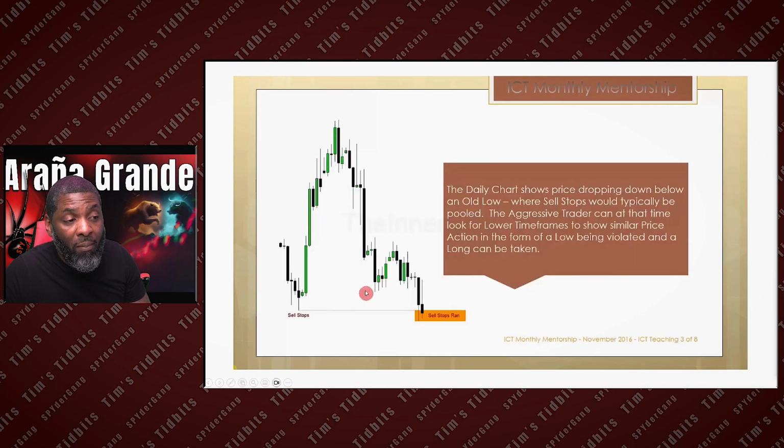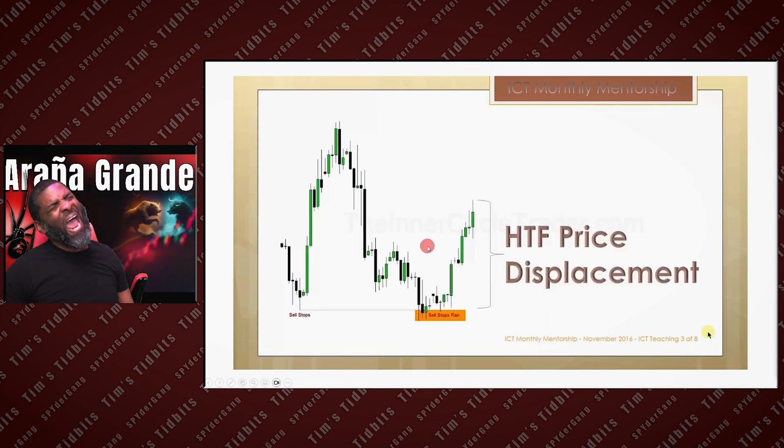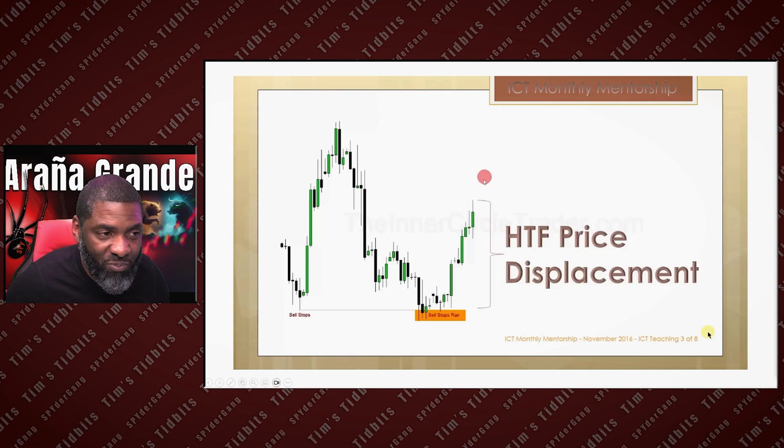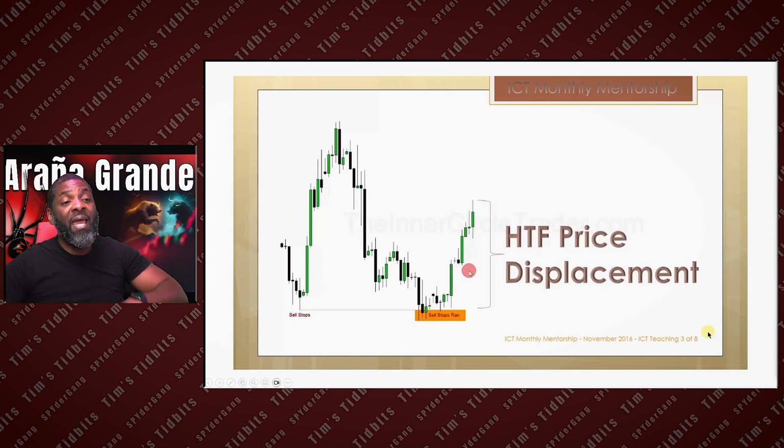We moved back down into a discount, coming down here, we ran sell stops, and then we attacked buy side with a pow. So now we got displacement, expansion with imbalances. That's your displacement, a heavy one-sided move creating fair value gaps, and it's on the higher time frame.